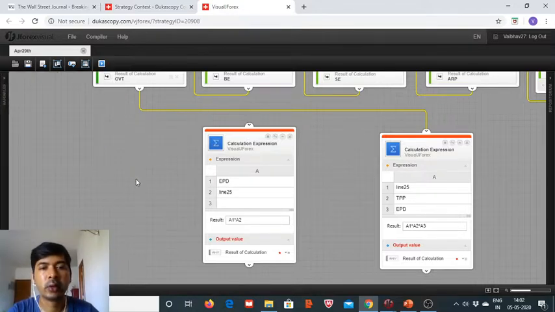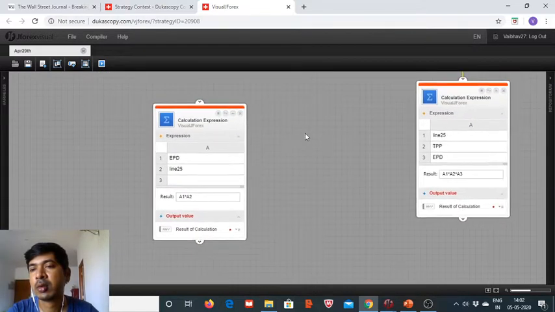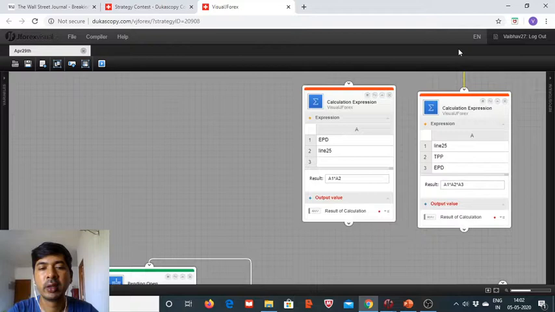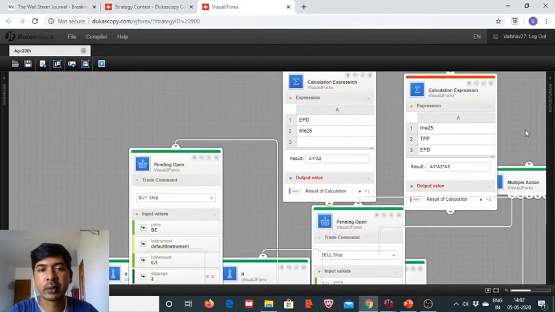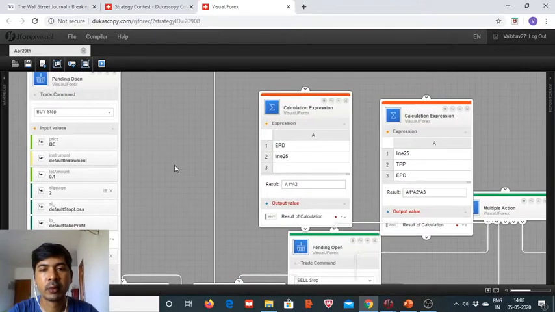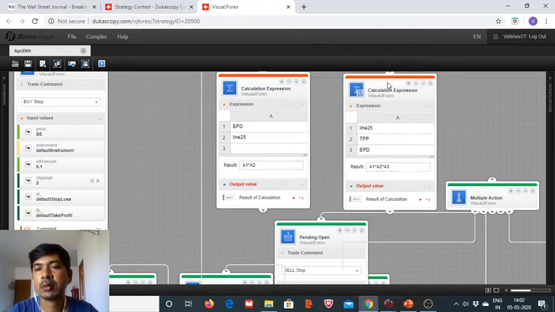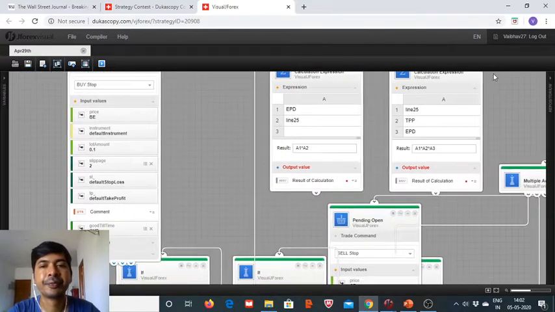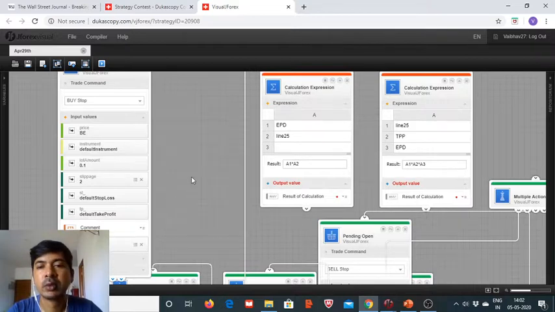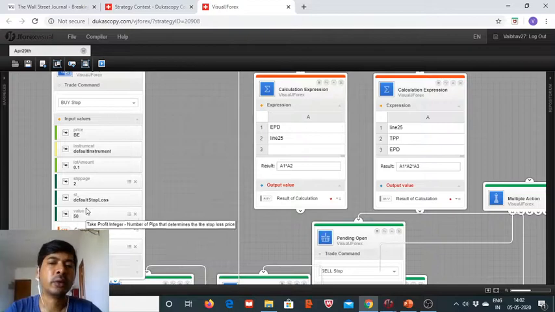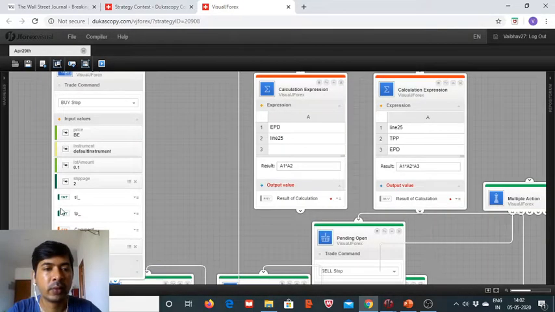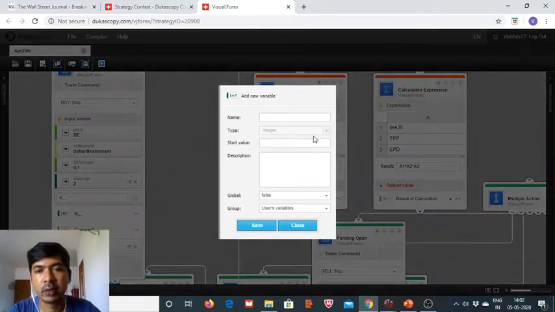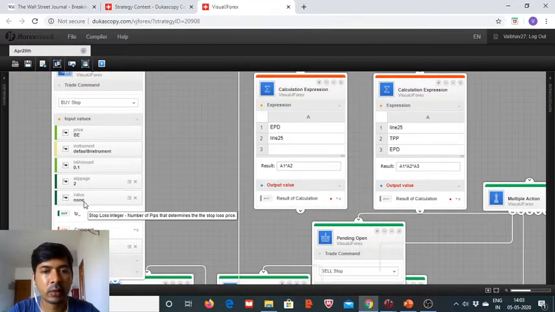Now this almost looks good. So here we remove this, we create fresh variables of integer type, name will be SL, save it, and we got it.